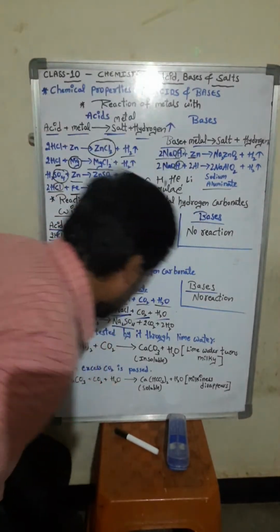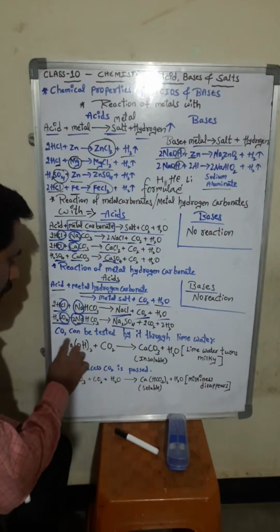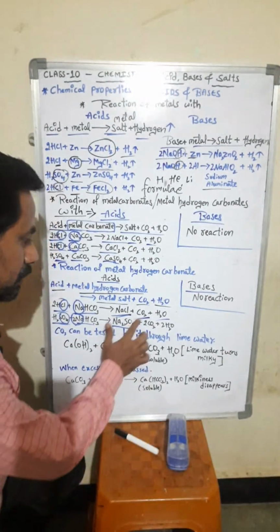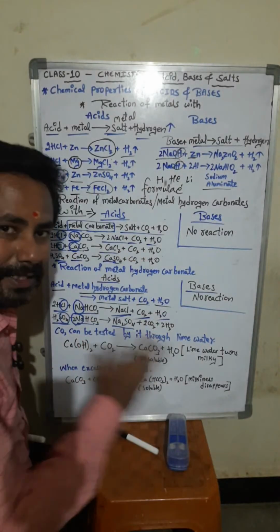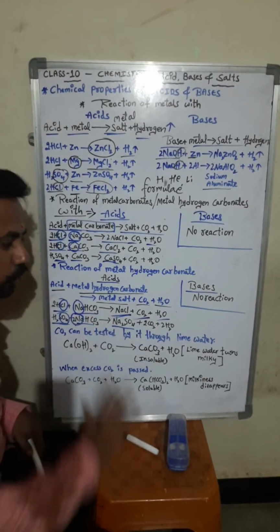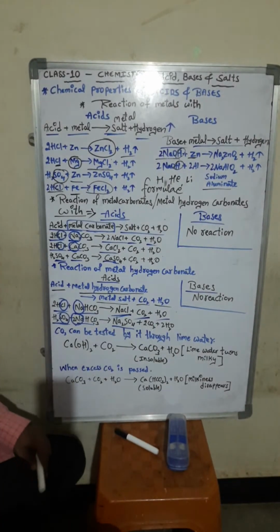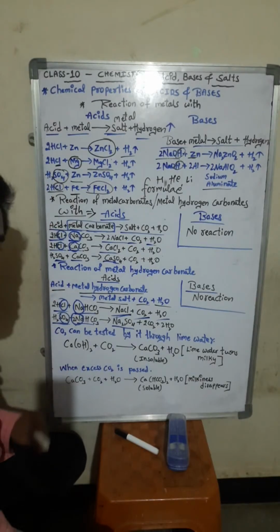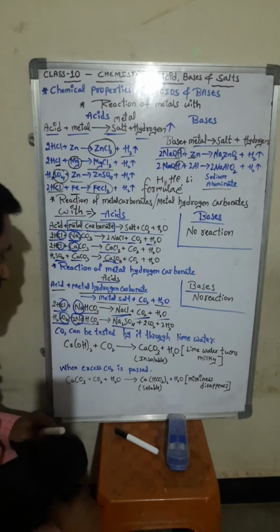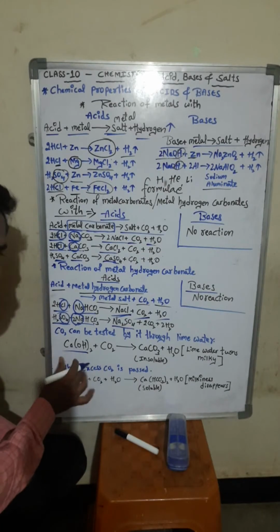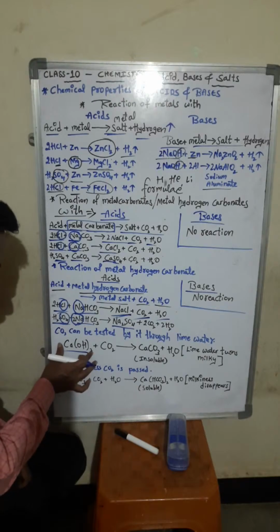So next, students, this CO2 can be tested. How can it be tested? Whether carbon dioxide is released during this reaction, how can we test? It can be tested through lime water. What do you mean by lime water? Ca(OH)2, calcium hydroxide. It is a base.